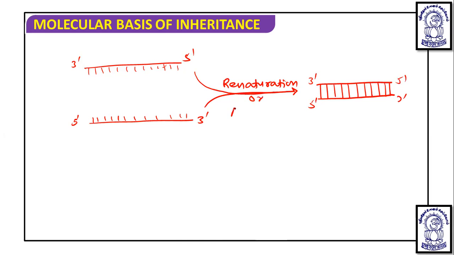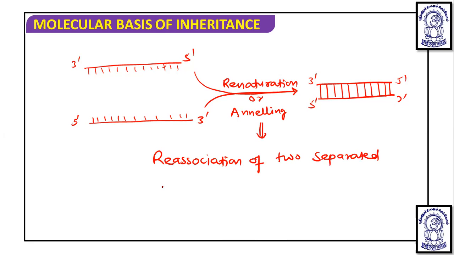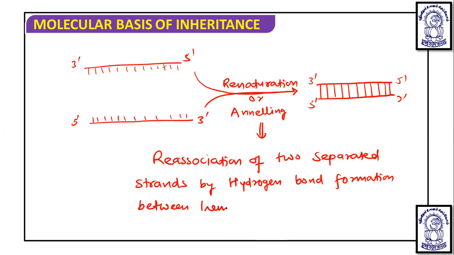This renaturation is also known as annealing, and annealing is the reassociation of two separated strands by hydrogen bond formation between them. Then it is known as renaturation.